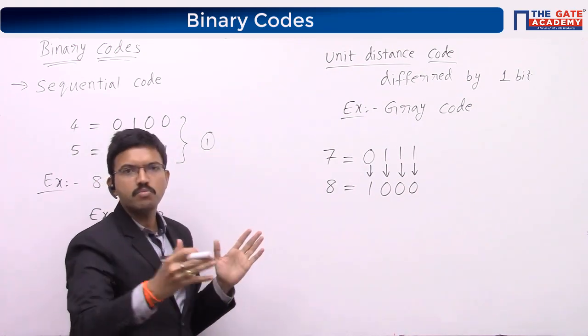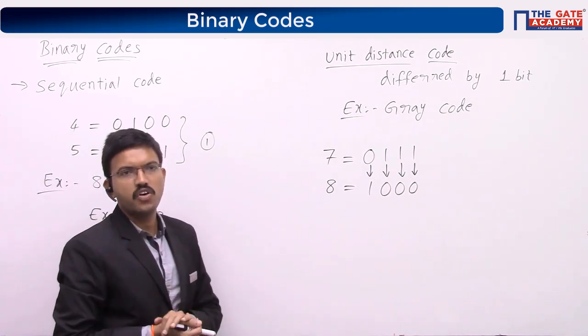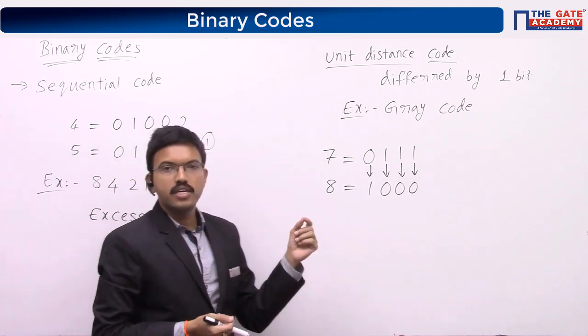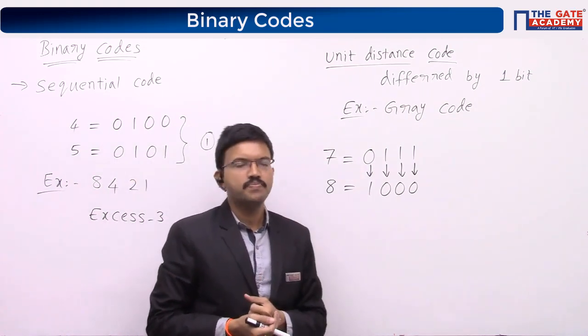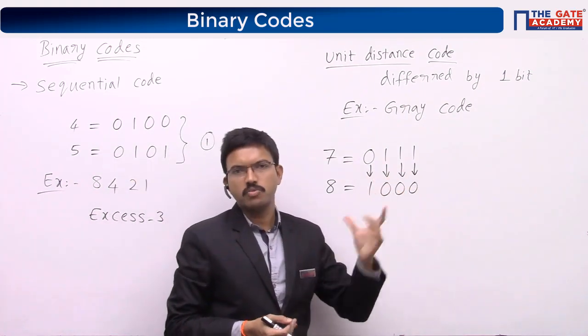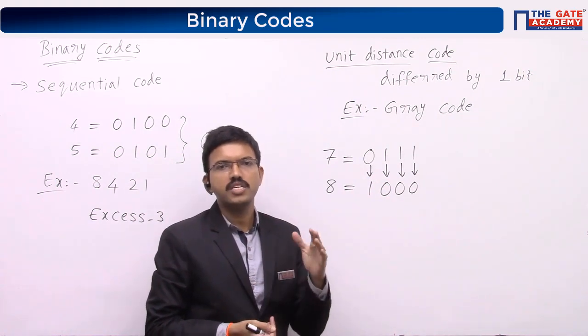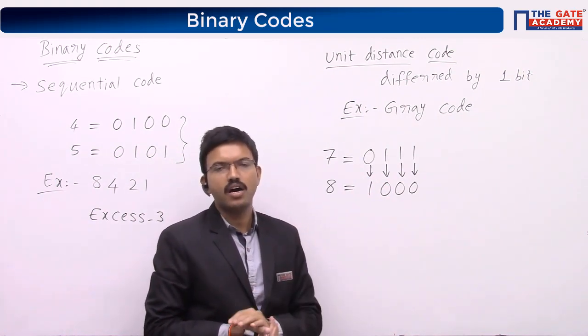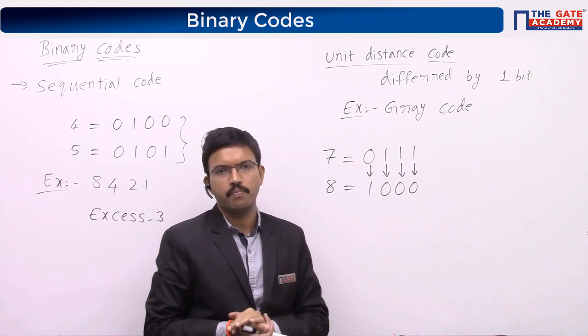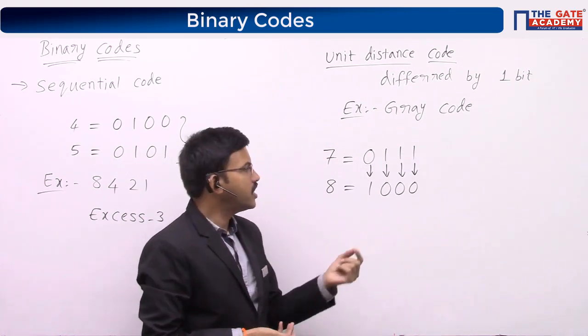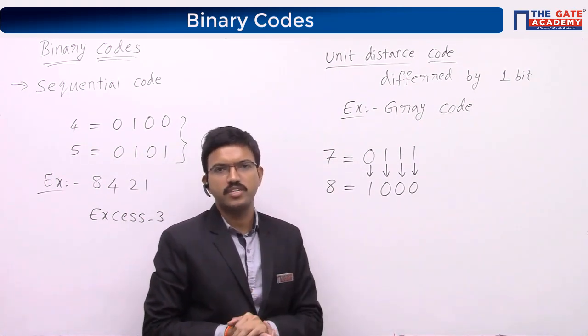If we have more bits, what will happen? In a practical situation, if all the bits have to be complemented, and due to some reason any bit doesn't get complemented, or takes a little more time to get complemented, then you will get the code corresponding to some other number, right?